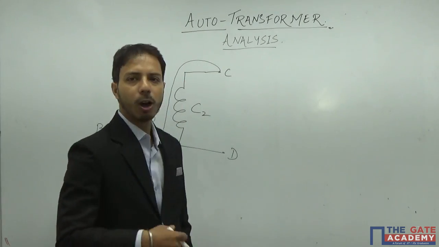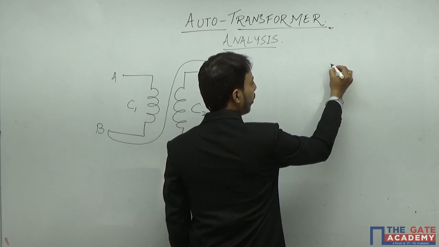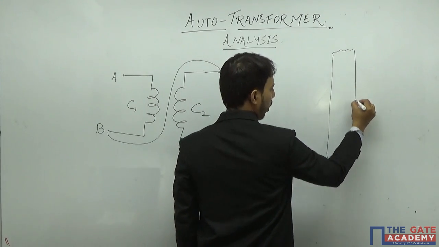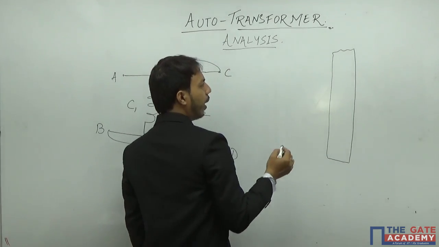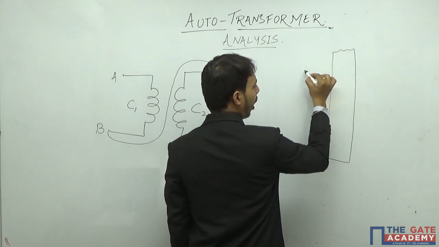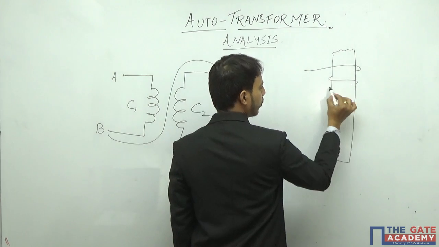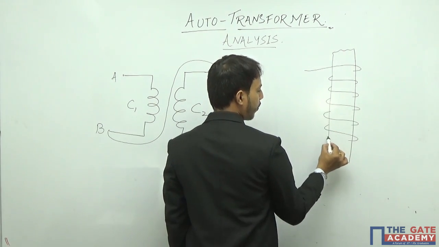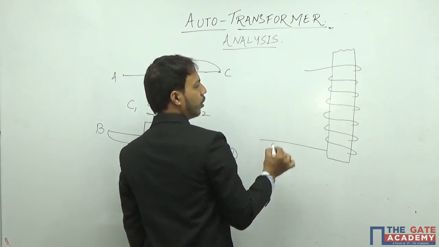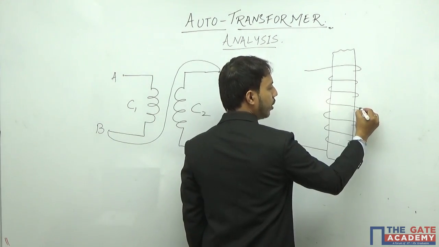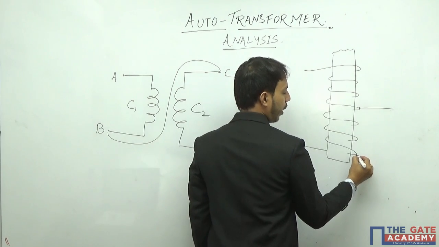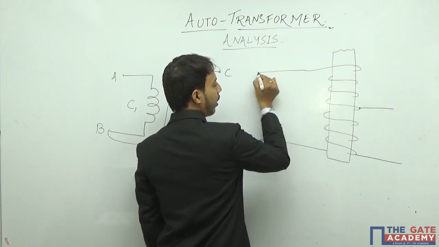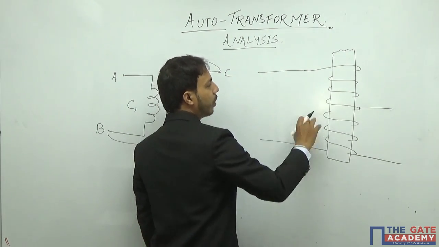Also, I can make an autotransformer by having a core in this way, and I'll have some winding in this way, and I'll have a tapping here, and I'll make a common point here. This is my common point for primary and secondary. So this is my primary winding.